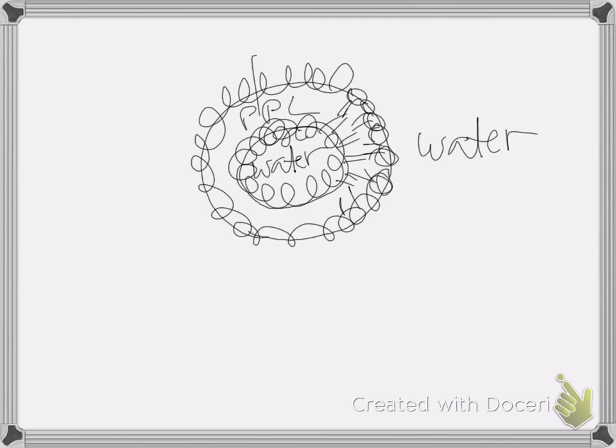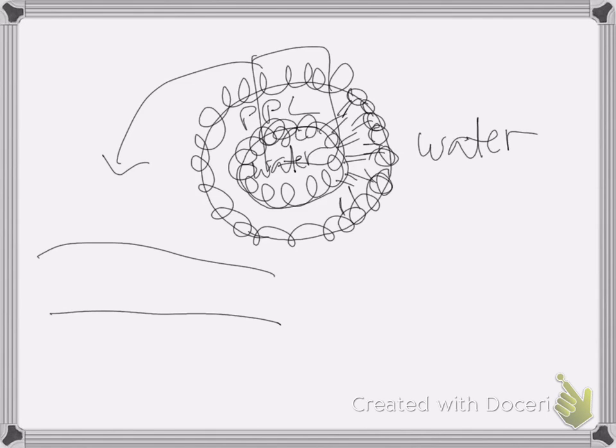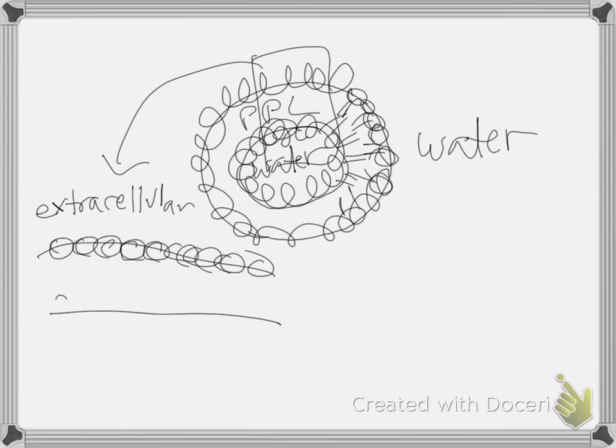So if I just took a piece of that membrane and looked at just one segment, what would I have? Phosphate heads on the outer side. That's in the body extracellular fluid. Phosphate heads on the inner side.